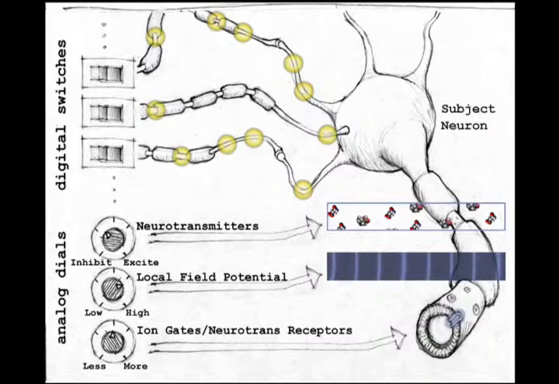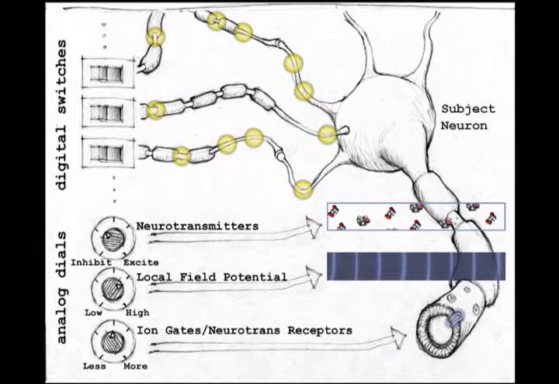We could loosely think of these action potentials coming from other neurons as digital switches. These action potentials come to our subject neuron, and this subject neuron in this portion of our exhibit, I had a friend suggest, could actually be built out of resin and then have LED lights inside, or it could just be a virtual neuron on a computer screen.